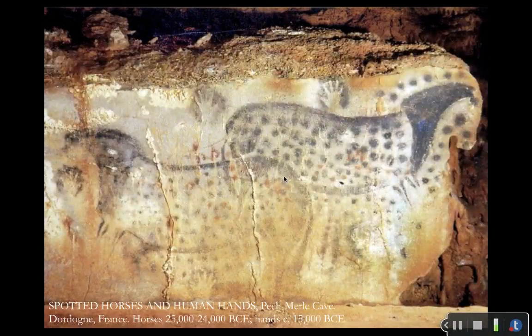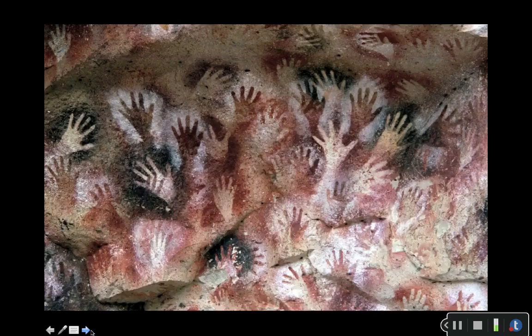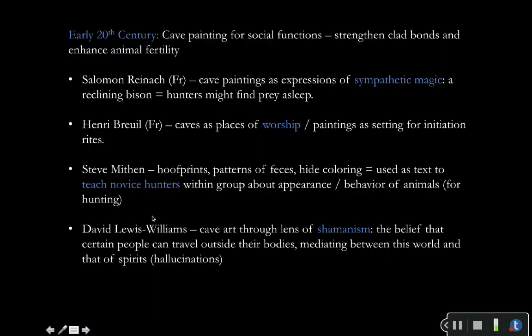For instance, if you were to look at this painting, he would say there was this type of horse that existed at this time that actually is extinct, that does not exist anymore, a white horse with spots on it, with a black mane. And Mithen would say this is a teaching device so that the young hunters could look at these images and know what the horse will look like when they go out on the hunt.